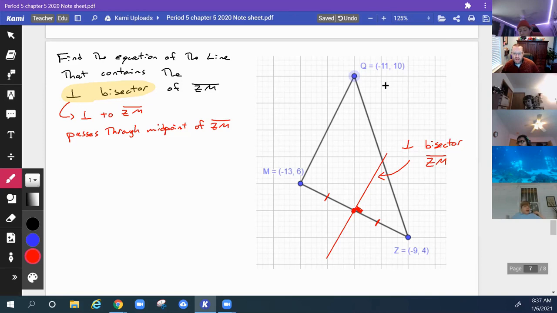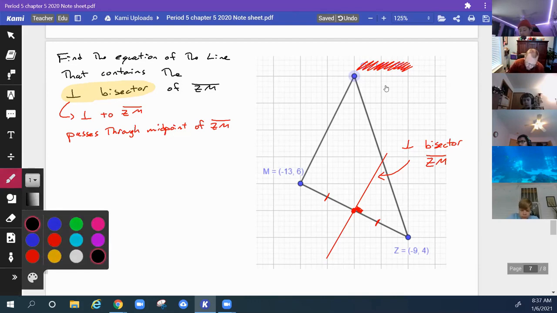What throws a lot of kids off is they see perpendicular and start thinking altitude. But a very important thing to know is I don't need this point up here for anything. That point Q is useless. Don't use it, because I need to find the midpoint and I have to find the slopes. I'm not going to use Q for any of those calculations. Always remember what the final goal of the question is.